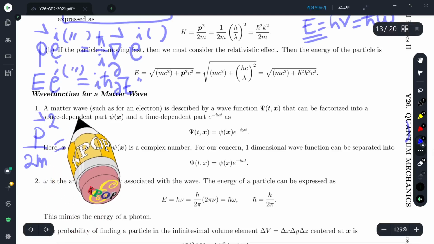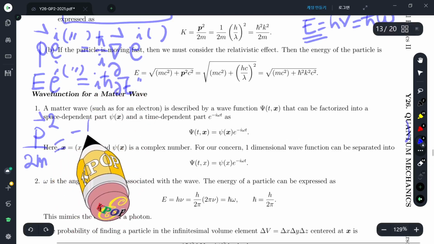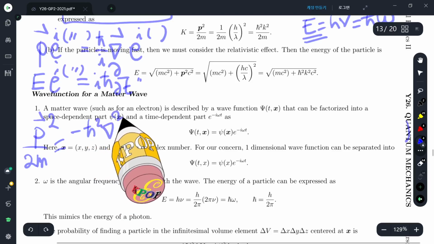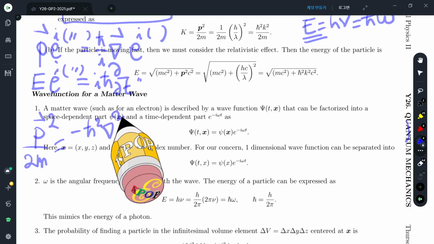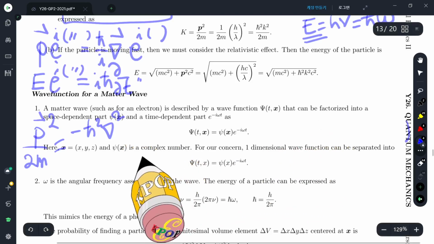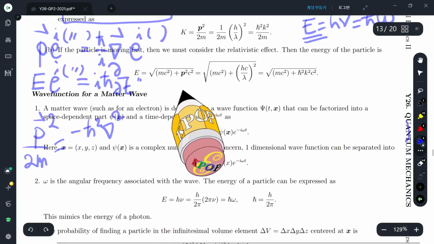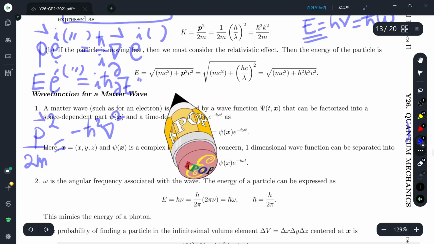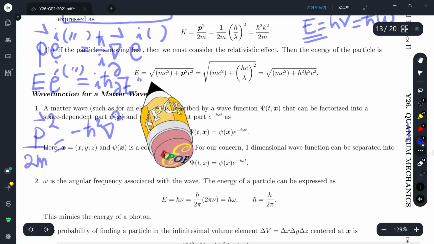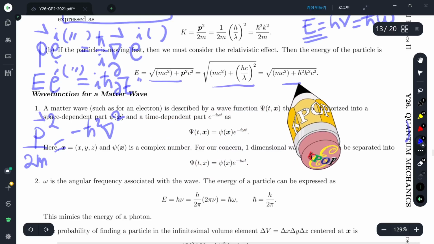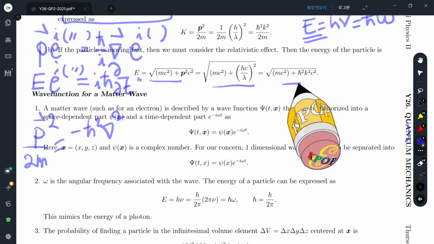In that case, that is minus h bar squared, gradient squared, that is the Laplacian, del squared. In a similar manner, in the relativistic case, we can pull out the energy in this way. The energy of a free particle of rest mass m can be determined like that if there is no potential at all.